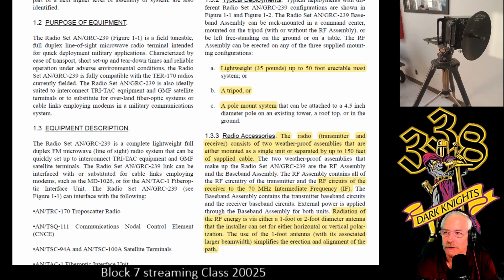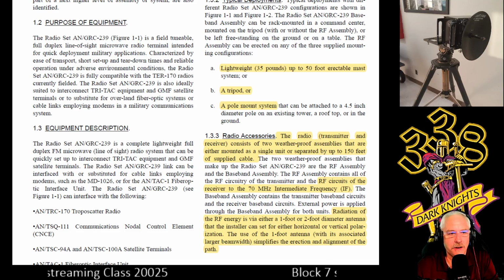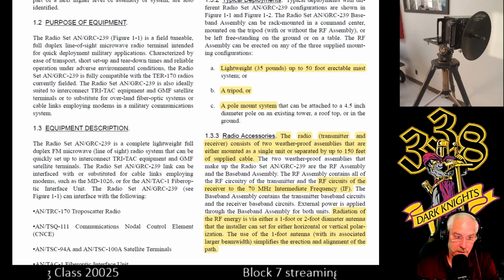You can put the baseband assembly right next to it. It comes with a 2 foot cable on it. If you wanted to keep those things separate, you can put the baseband assembly in, let's say, a tent or a building and separate it by 150 feet.